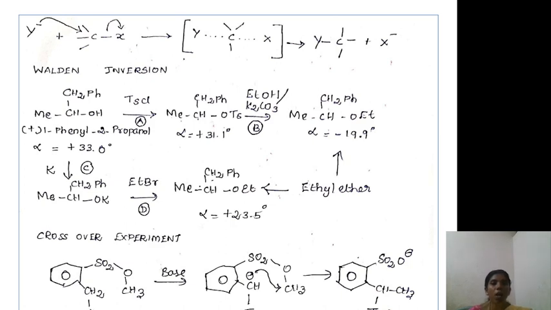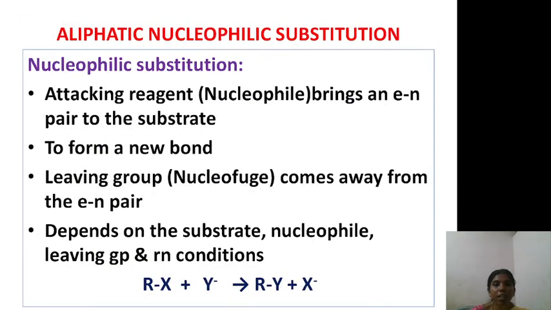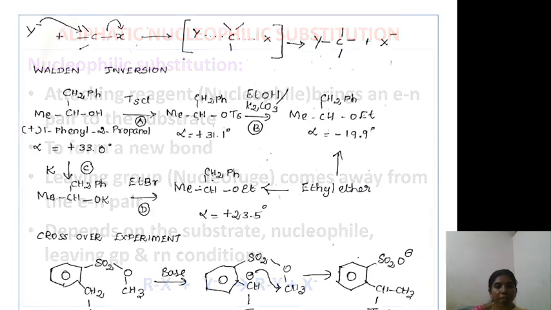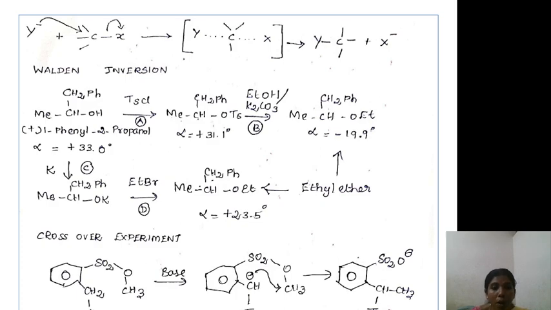Another one is the crossover experiment. Here you treat the starting material in the presence of a base, which abstracts a proton from the carbon carrying the methylene group, so it is converted into a carbanion. Then the product is produced at the final stage in the crossover experiment.